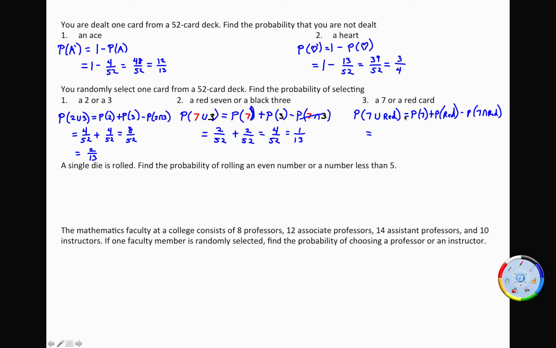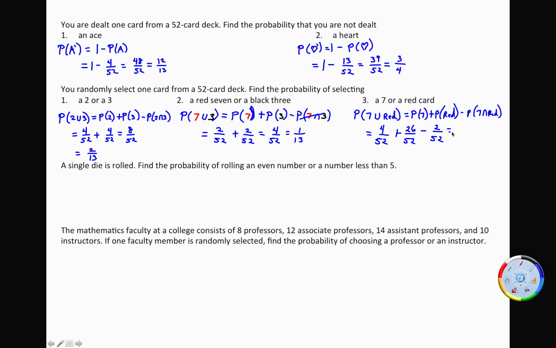Well, the probability that it is 7, there are 4 7s out of the 52 cards. Half of them are red, so 26 red, 13 diamonds and 13 hearts, and 2 cards are 7 and red, right? So I've counted both of those here, and I've counted both of them here.